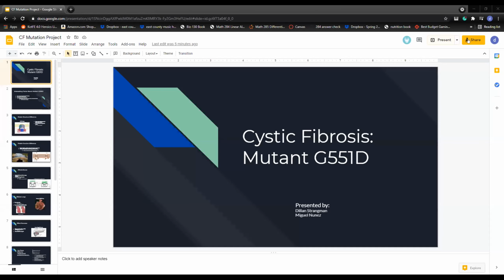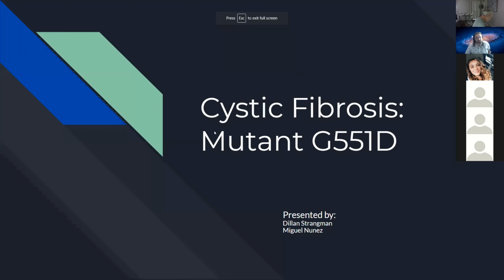All right, then let's go to group 5, because group 4 has been deferred. So group 5 is Dylan and Miguel. Alrighty. I'll share my screen. Okay. Can you guys see everything?